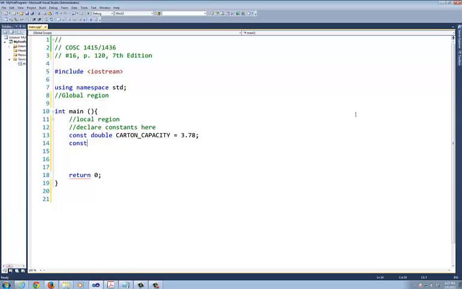The second constant is also a double, the cost to produce 1 liter. You notice these all have to be uppercase, very important.